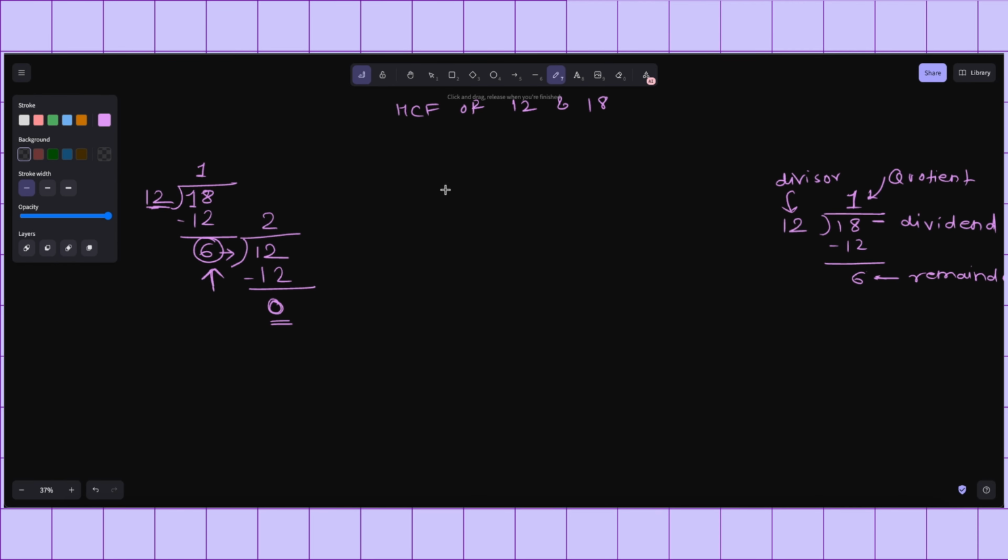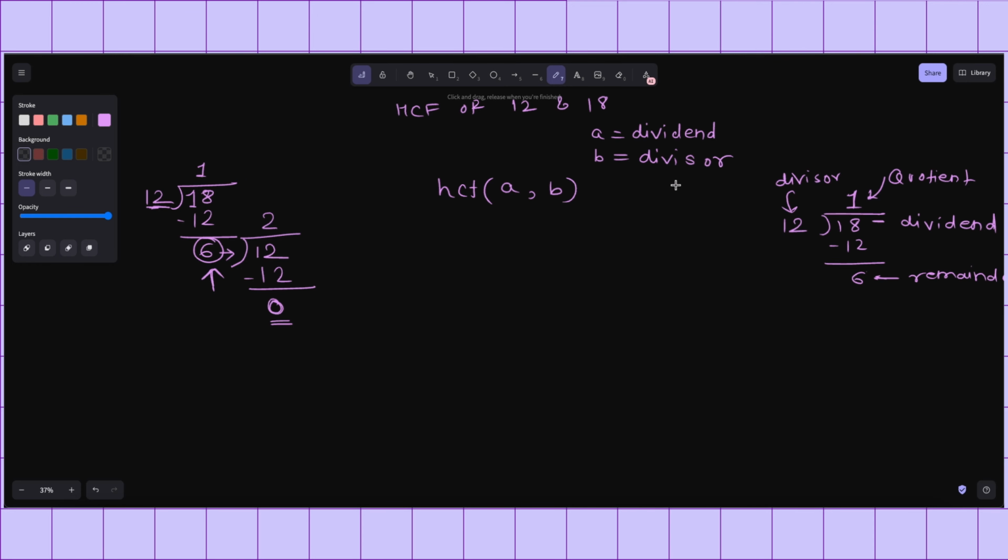We will write a function HCF, which will take two variables, a and b. Let's say a here is the dividend, and b here is the divisor.